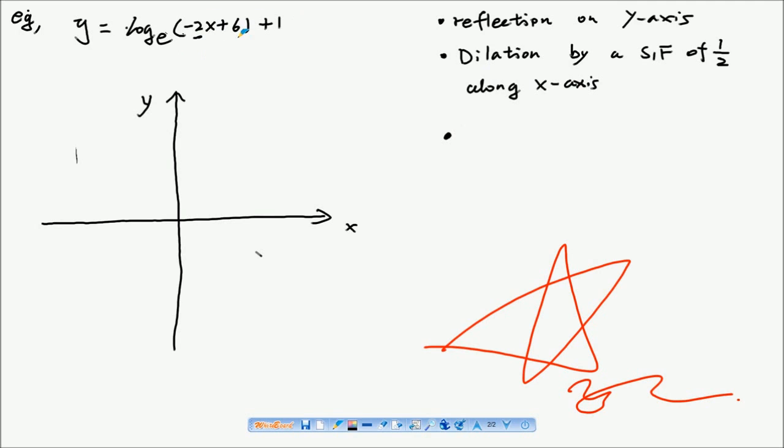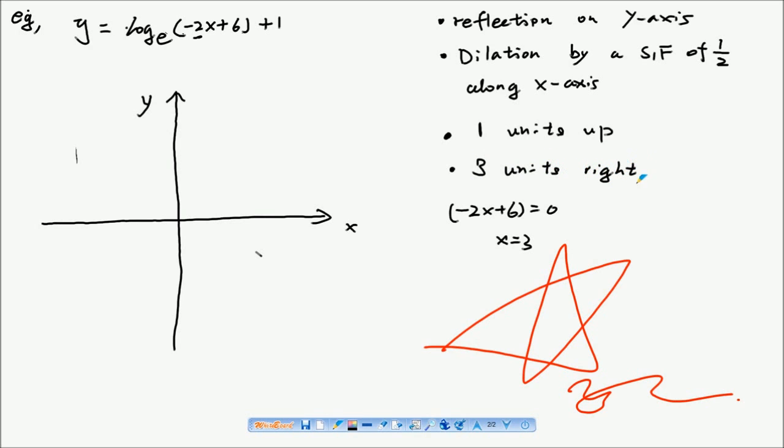Now I have two translations: I move 1 unit up, and the horizontal movement is to make whatever is in the bracket equal to 0. So minus 2x plus 6 equals 0, x equals 3, so the horizontal translation is 3 units to the right.